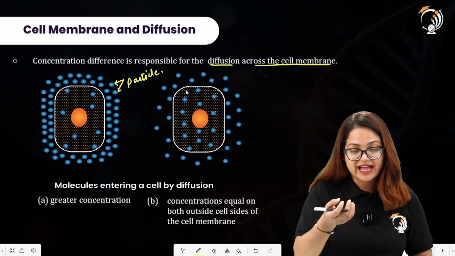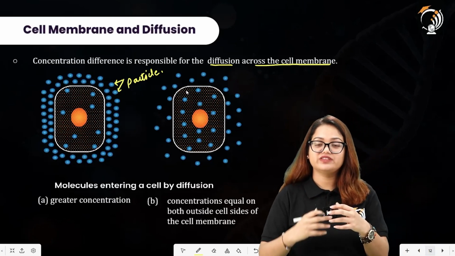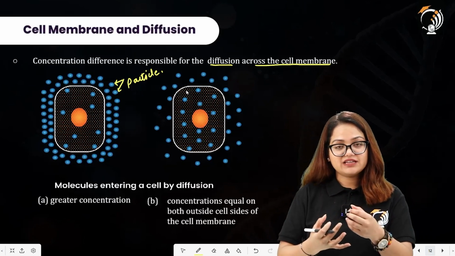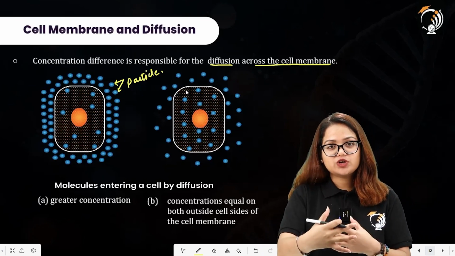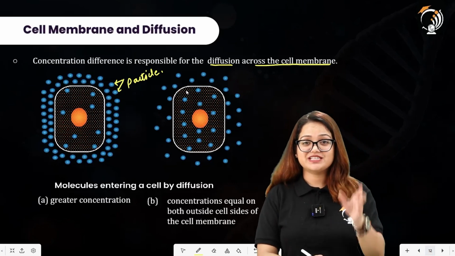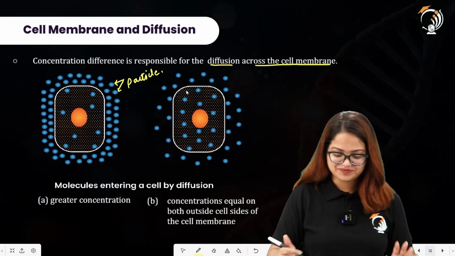So the outer environment, the environment present outside the cell, and the environment present inside the cell, both of these will have the same concentration of molecules after the diffusion process has occurred. I hope this is clear.